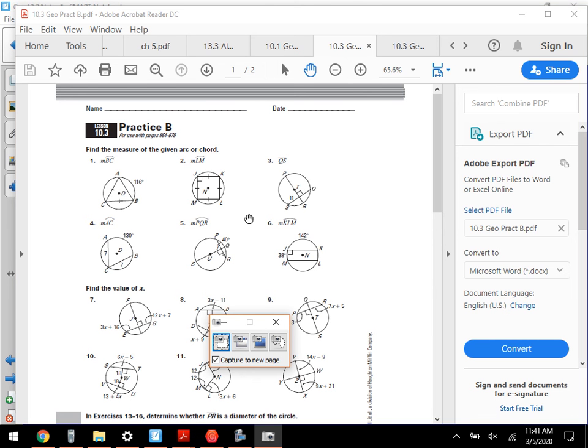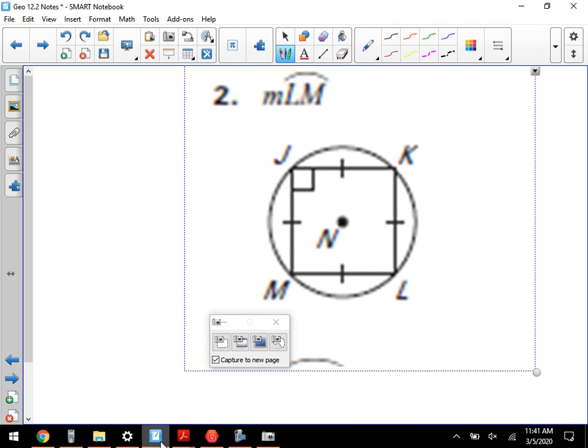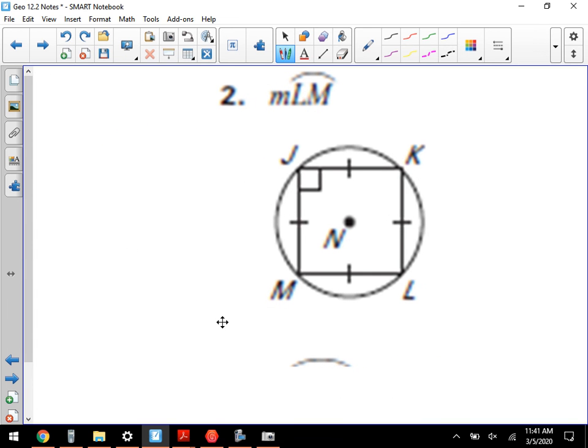What shape is inscribed in that circle? It's a square, okay? So when you have a square, you know you've got 4 right angles and you have 4 sides that are congruent. Now, if I draw that, it does 2 things. It's a diagonal of the square, and it's a diameter of the circle.